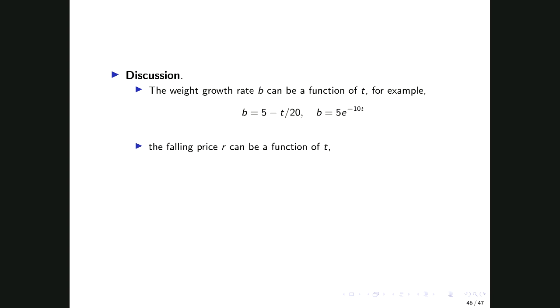Again, the falling price rate r is a constant, but it can be a function of time t. For example, the falling price probably increases linearly all the time, so 1 cent plus 0.1t. Another function can be a saturated function. If we plot this function, when t equals 0 it is 1, so 1 cent.